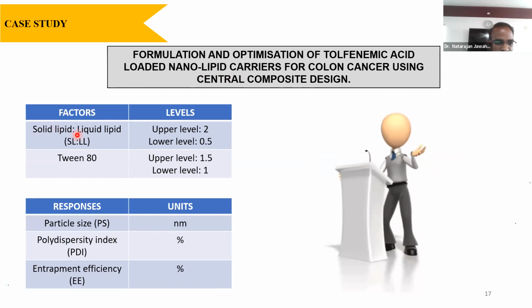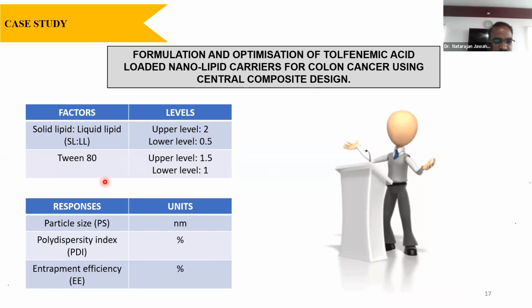He used both solid lipid and liquid lipid, and he has taken this combination. For one factor, the upper level he put is 2% and the lower level 0.5%. The second factor he has taken is Tween 80, a surfactant or stabilizer used in the nano formulation. Again, he has taken a high level of 1.5 and a low level of 4.